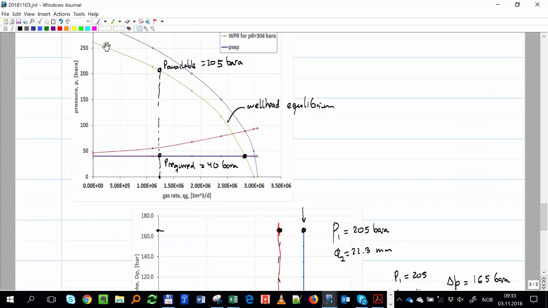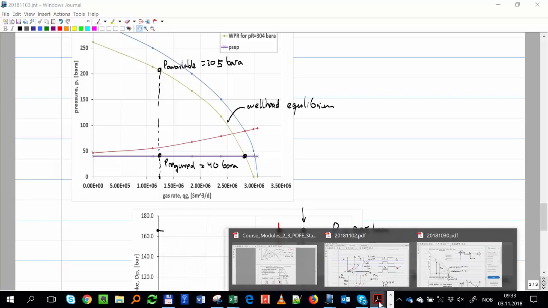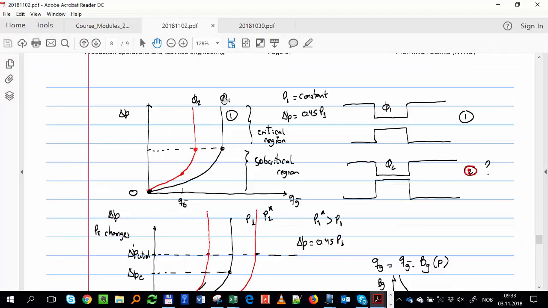So the inlet curve is always the same. 205, that cannot change. But the other option we have is to change the diameter. If I change the diameter, I will get another curve. Do I have to increase or decrease the diameter? Decrease, right? Why? Because I want to get a higher pressure drop.